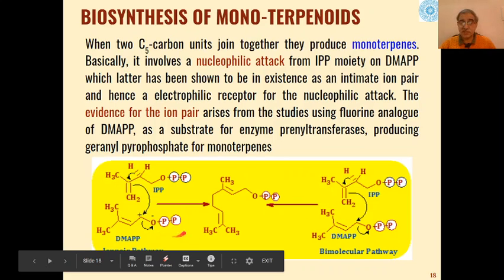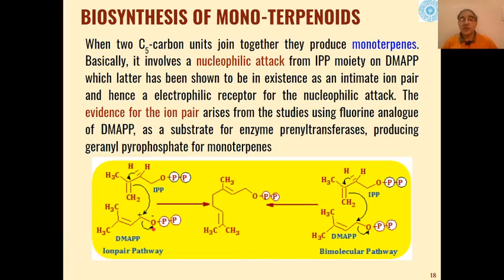So this will act as a leaving group. This will act as a nucleophile, and basically we can say this is a nucleophilic substitution reaction.